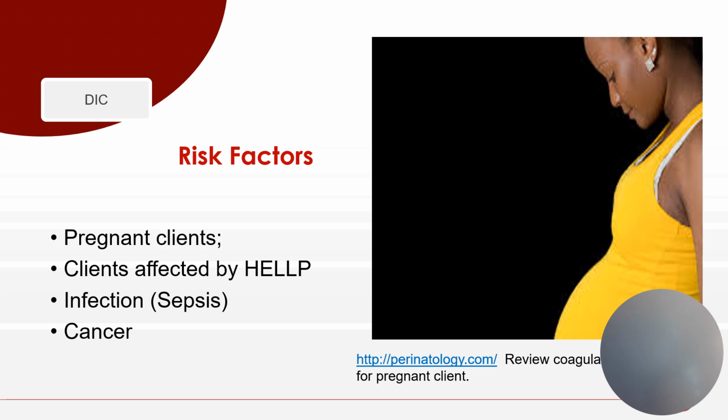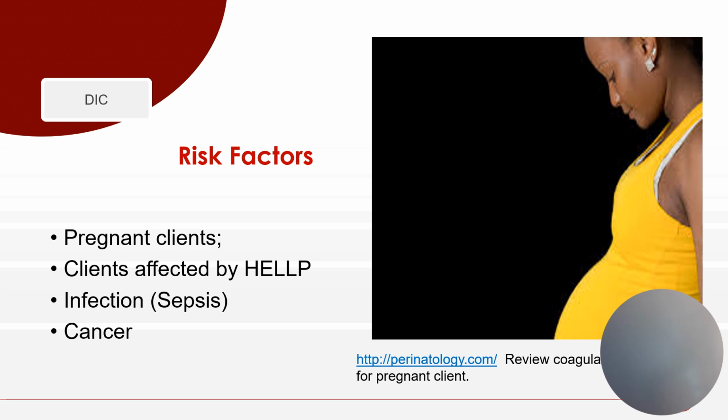This will lead to extensive abnormal clotting, which will begin to deplete the clotting factors and the platelets that are available. And at the same time, we have extensive bleeding occurring from many sites. This can be just a constant oozing, or it can be a fatal hemorrhage.